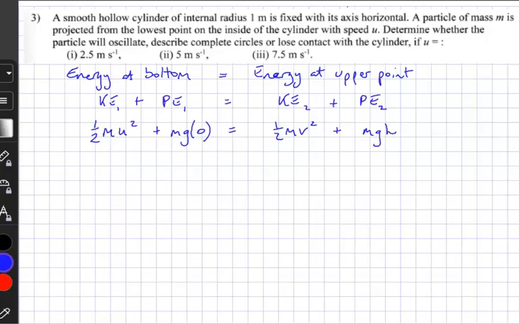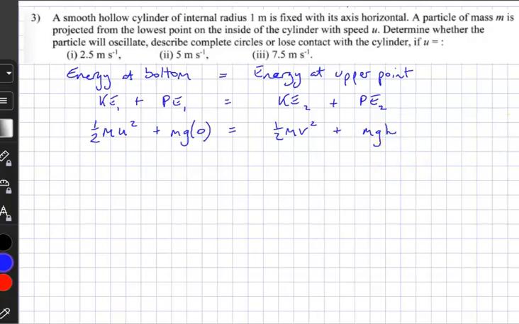Kinetic energy plus potential energy is worked out for both moments in time, and so half mu squared, the velocity at the bottom, the height at the bottom is 0, so the potential energy mgh is going to be mg multiplied by 0, so we can ignore it. It's just going to be half mu squared is equal to half mv squared, the velocity at the point where it's at its uppermost point, plus mgh.